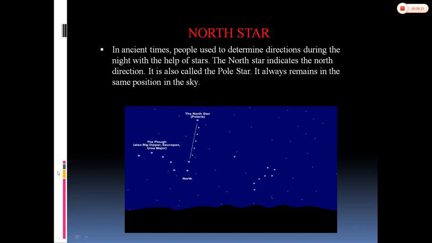As shown in this figure, this is how to find the North Star. So we can say the North Star is a very important star from ancient times, as people were able to find their directions when they were moving in the sea or the ocean, and therefore the North Star has had importance since ancient times.